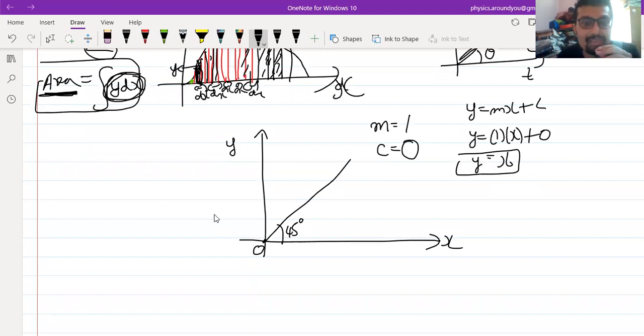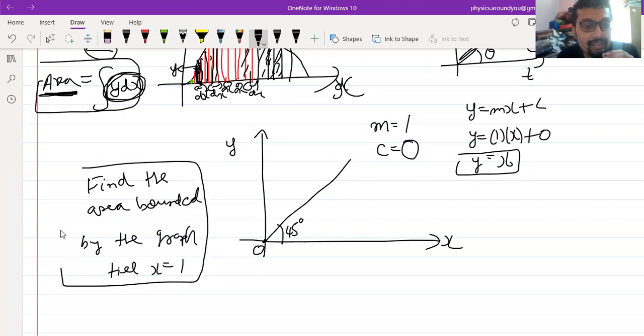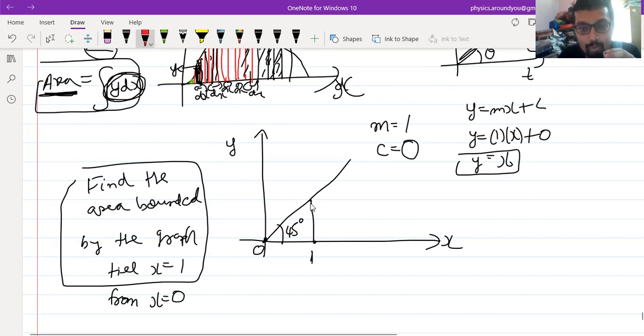I ask the question: find the area bounded by the graph till x is equal to 1, from x is equal to 0. In the sense, I begin from 0, I go to 1, I need to find this area bounded.